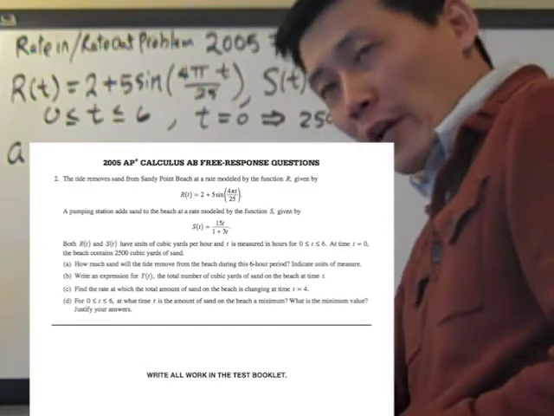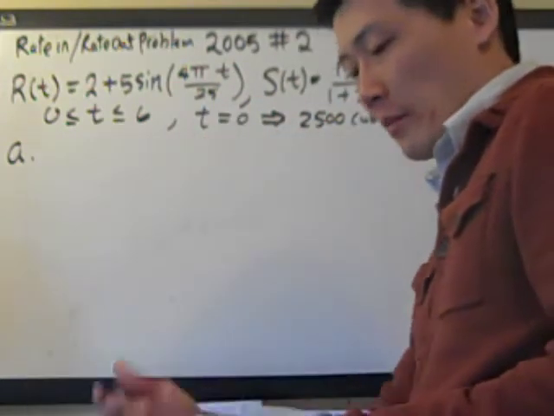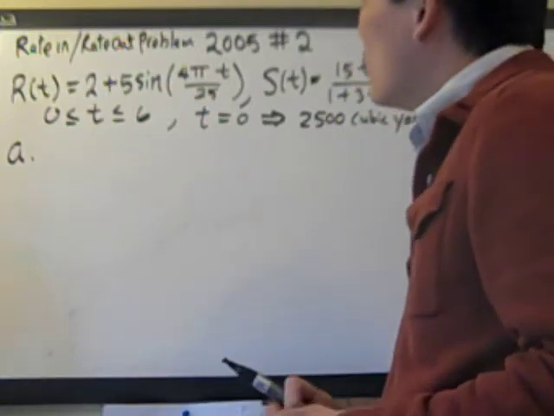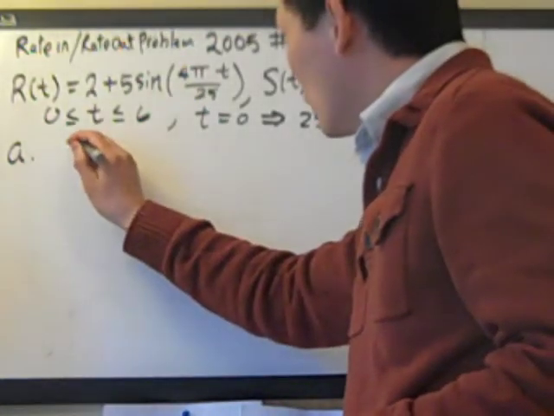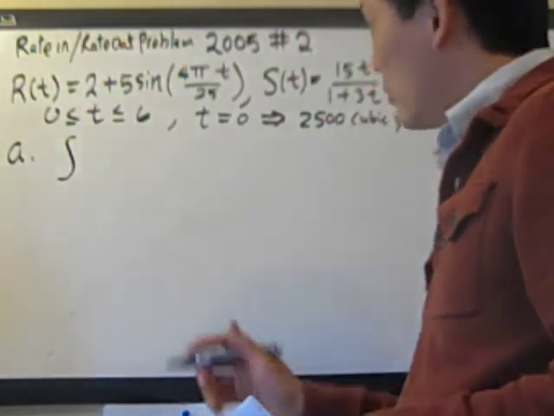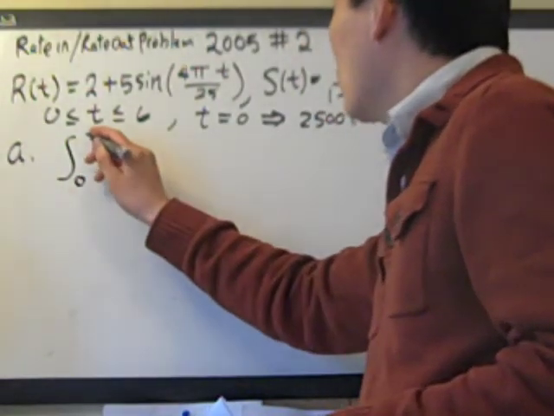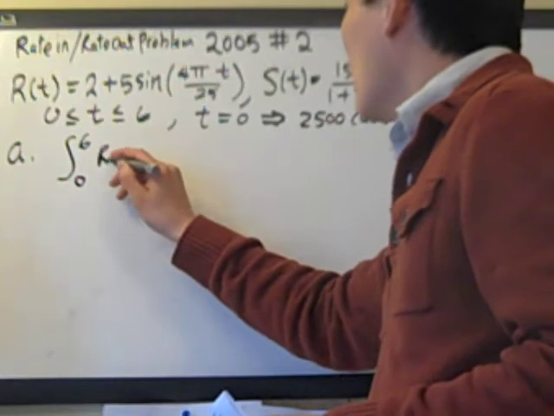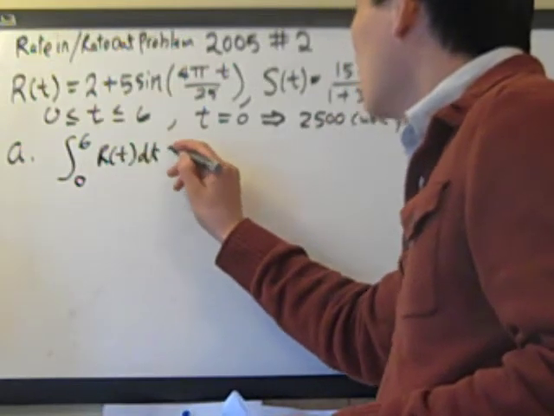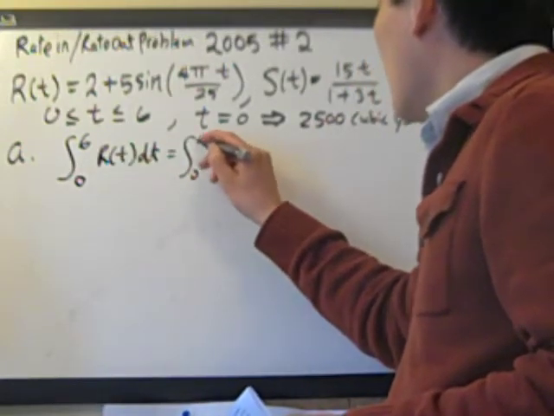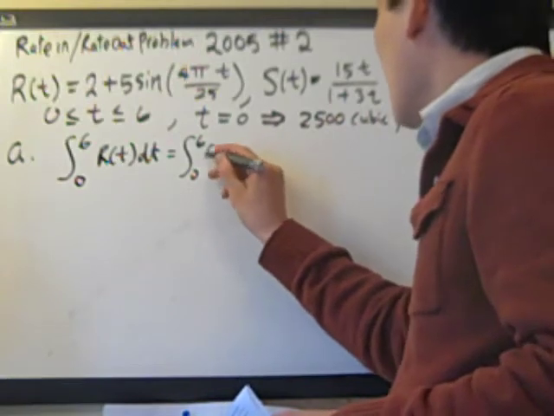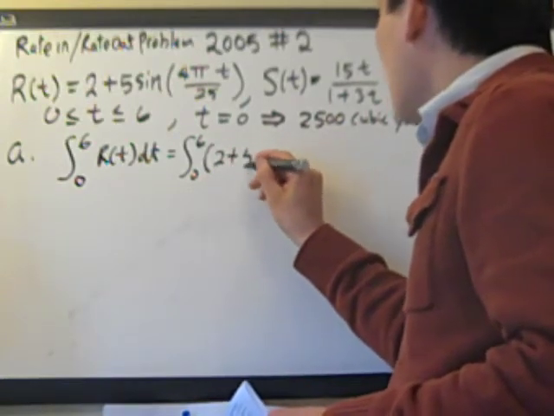So going from rate of change to actual amounts, we have to use a definite integral. So the definite integral is employed right here, going from 0 to 6 of r of t dt. Now you can write it out like this, or you can write it out with the actual equation.